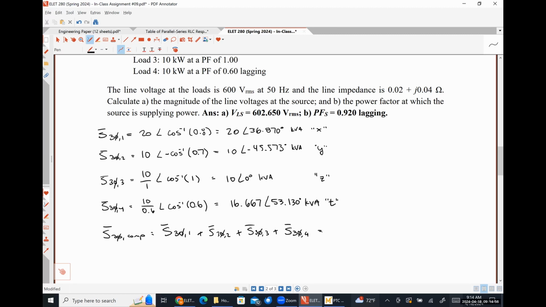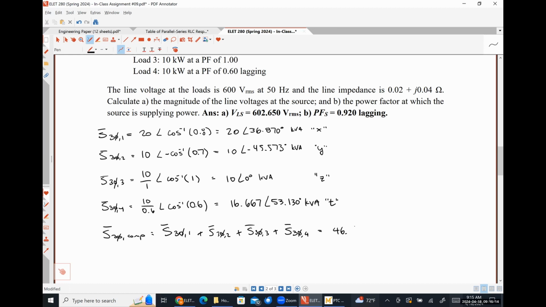So X plus Y plus Z plus T. I got 46.6898.